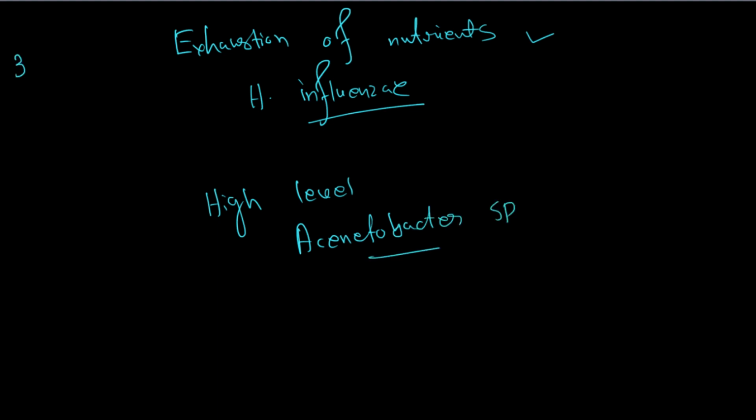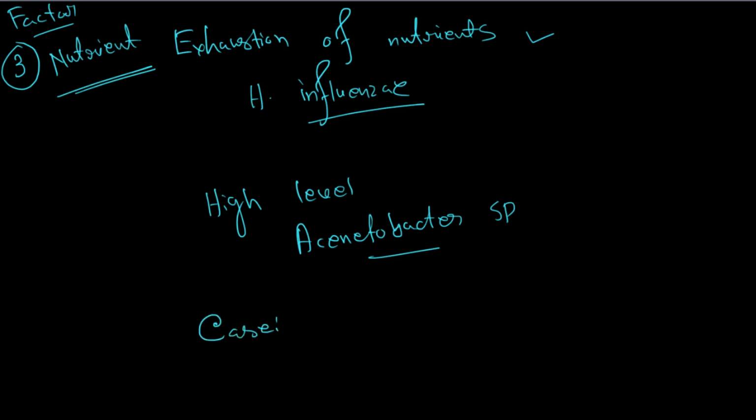So we categorize nutrient as a separate factor. There is also presence of various specific nutrients that can trigger competence in certain bacteria. For example, presence of casein protein triggers transformation or competence in Streptococcus thermophilus.